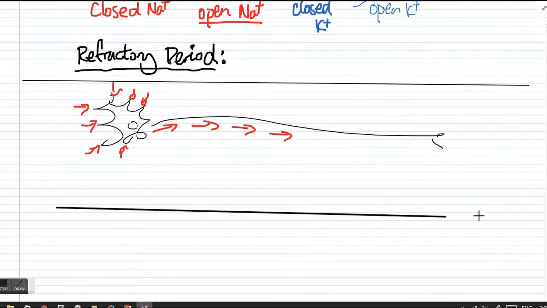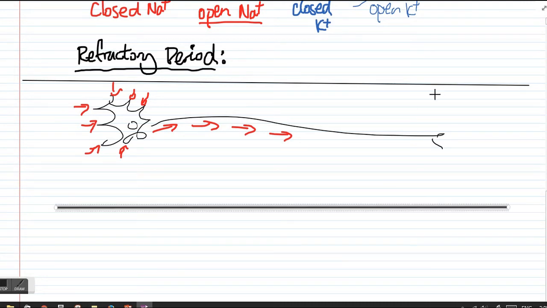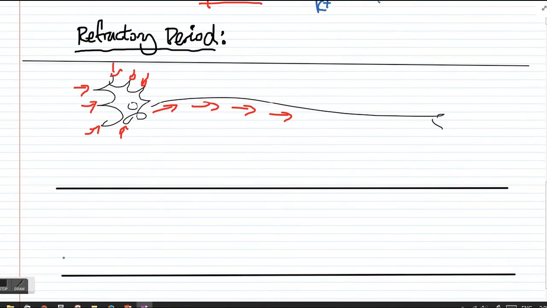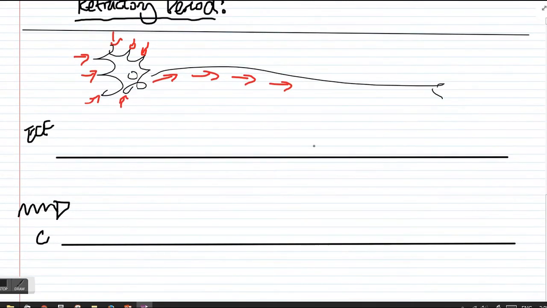So here, let me draw out the axon for you again. We have the cytoplasm, and then we have the ECF here. When a signal arrives, it will push the membrane potential towards positive. So why exactly does that happen? We will explain shortly, but for now you just kind of have to believe me. If a stimulus arrives, then it will push the membrane potential slowly towards positive.